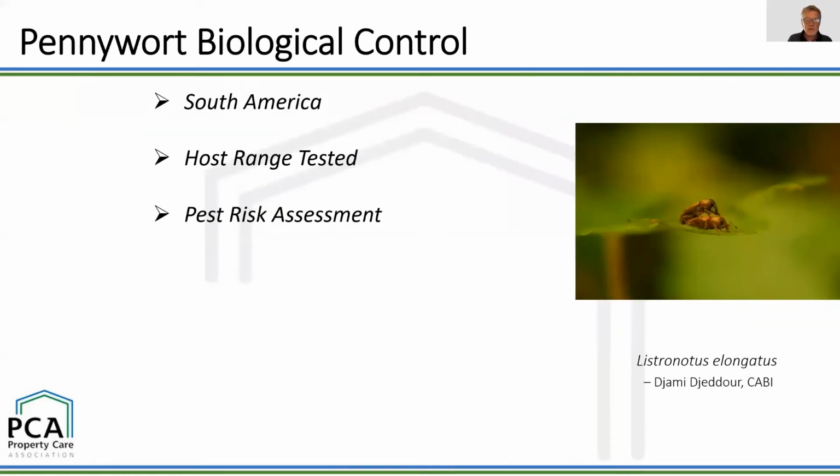Another ex-colleague of mine, Jamie, has been working on a biological control agent of floating pennywort. Like pennywort, this comes from the Americas. This weevil is from South America, and it's been host range tested, and it's currently going through the process of pest risk assessment and hopefully going to be approved.